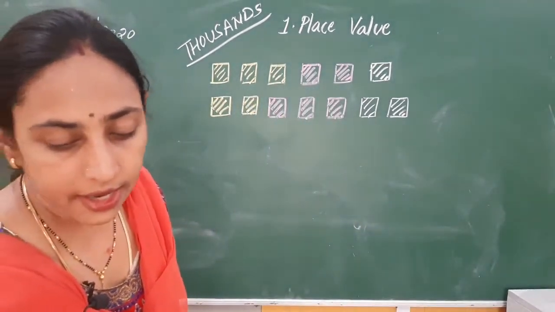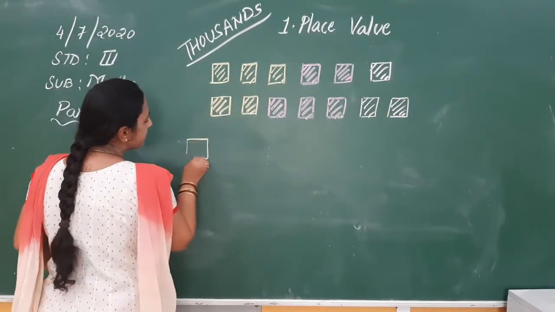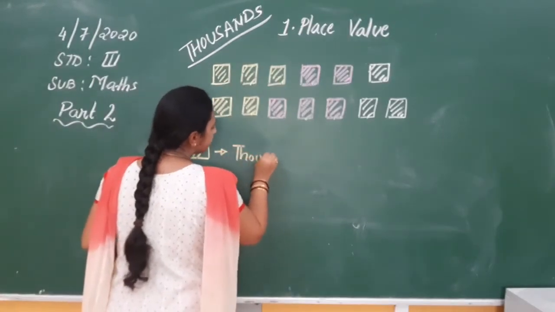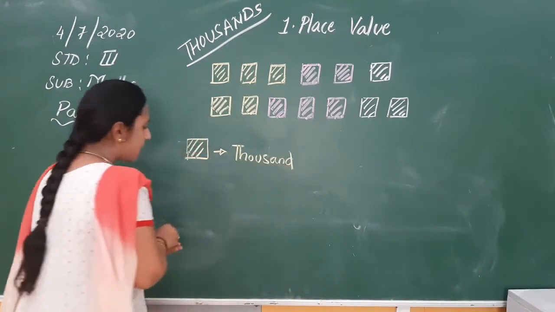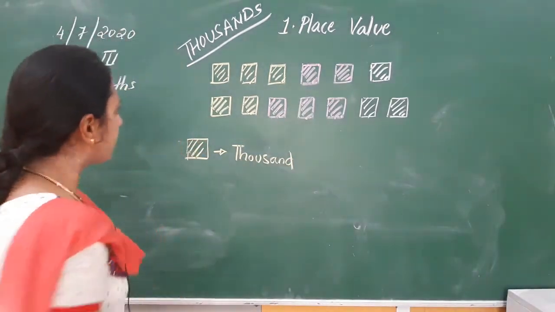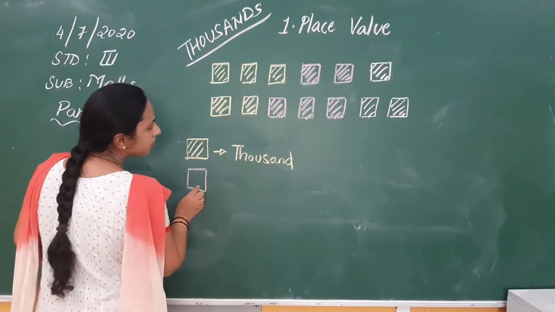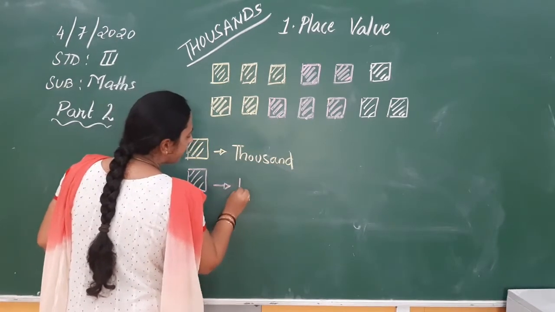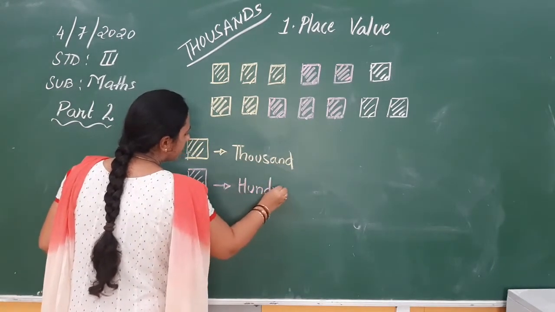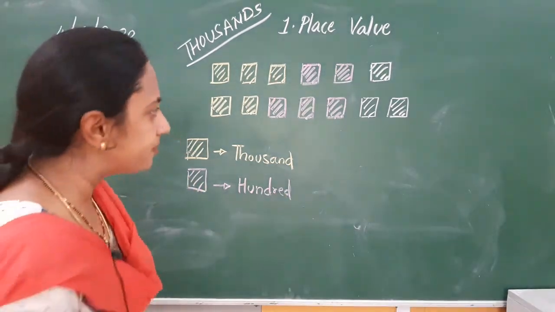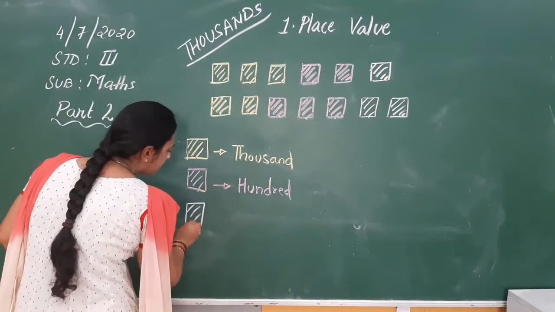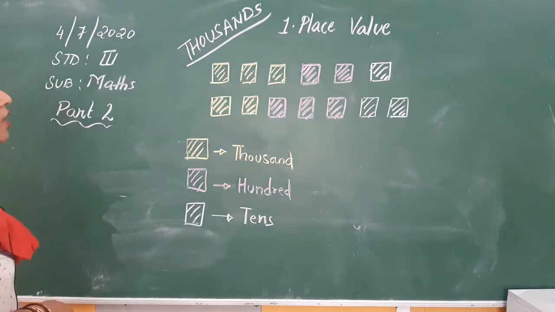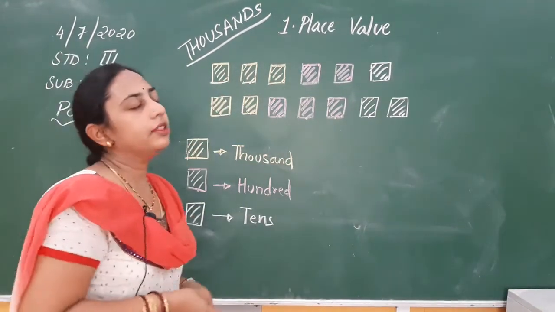Let us say that the yellow block represents 1000, the pink block is 100, and the white block is tens. Now we have to find out this number.